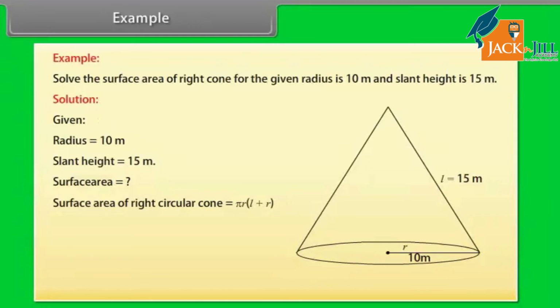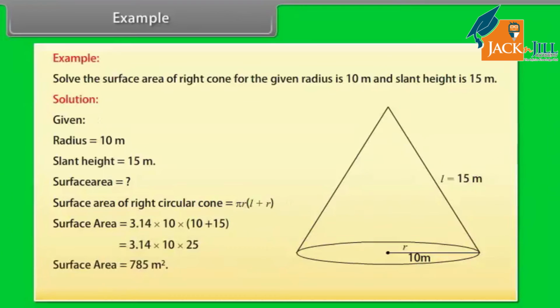Therefore, by substituting the values we get, surface area is equal to 3.14 into (10 + 15). By solving this we get surface area is 785 square meter. Therefore, surface area of the right cone is 785 square meter.